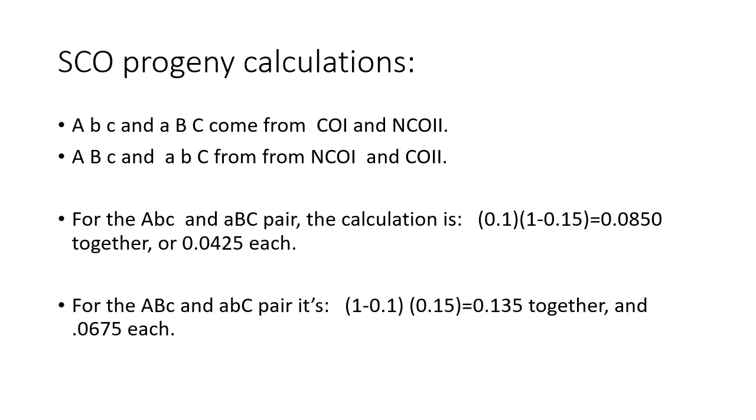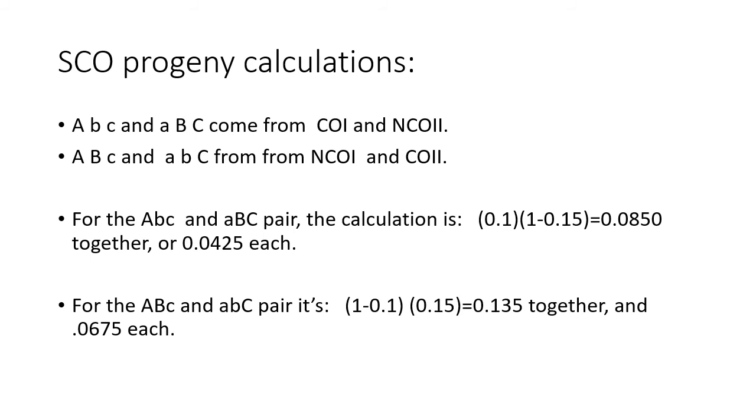So for that pair, the big A, little b, little c, and little a, big B, big C pair, the calculation is there is a crossover between A and B, which is 0.1, and there is not a crossover between B and C, which is 1 minus that, and that multiplies out to be 0.0850. Individually, that's 0.0425.